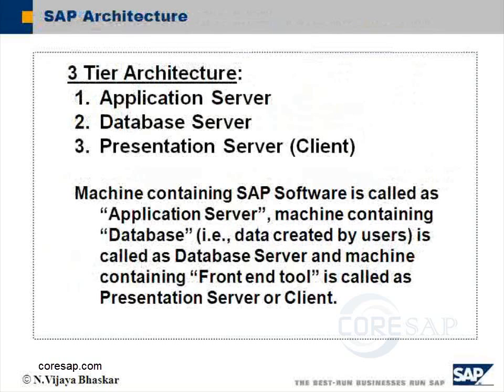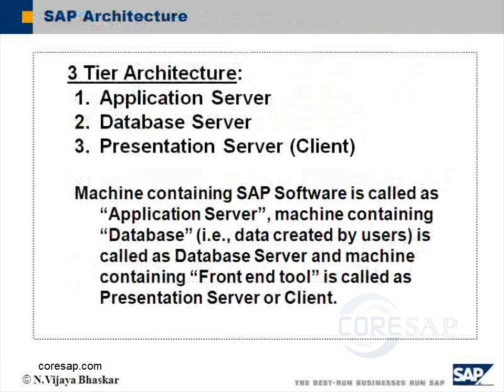Users will be creating accounts, posting entries, compiling reports and all that stuff. So the server which holds the data is referred to as the database server, whereas a machine or a computer that hosts a front-end tool which enables users to connect to the server is always referred to as the presentation server, or in our day-to-day language, client, right?